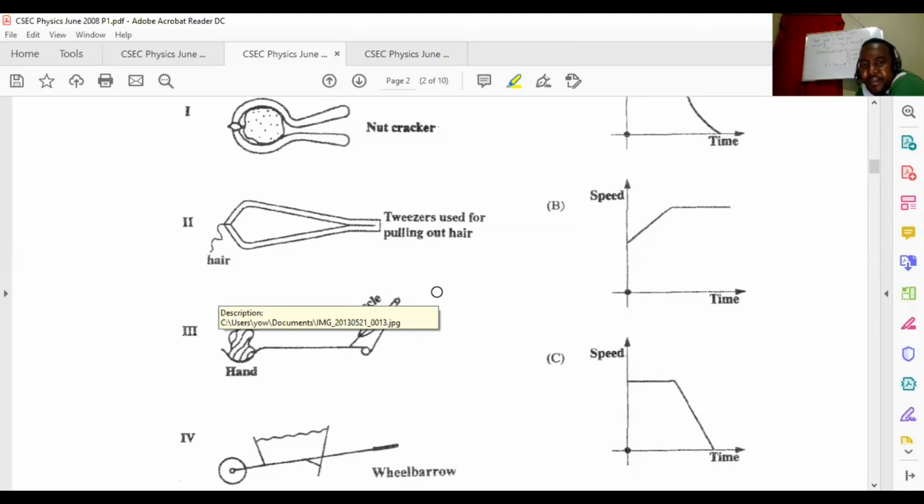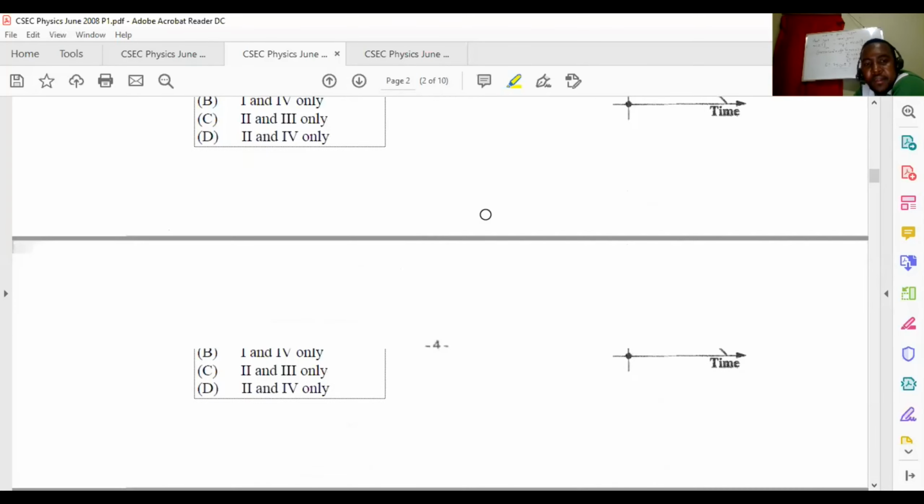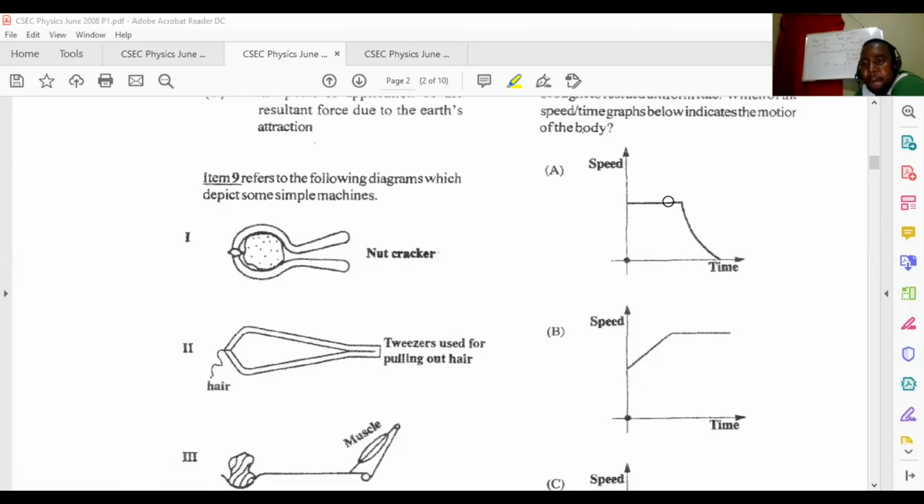That's the reason why it needs less effort to apply for those loads, because where the fulcrum is, that's where you apply your effort. Yes, if you use the tweezers, remember you normally put your fingers close up to that section, right? And for the nutcracker, your hands go right down to that groove right there.